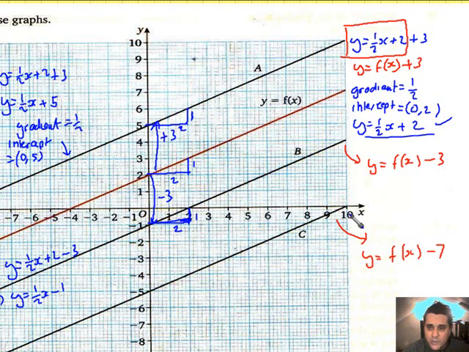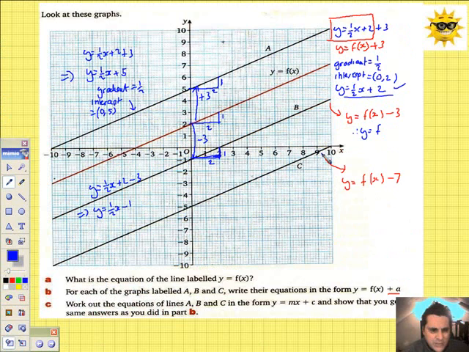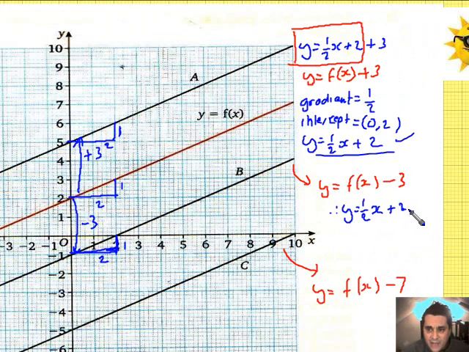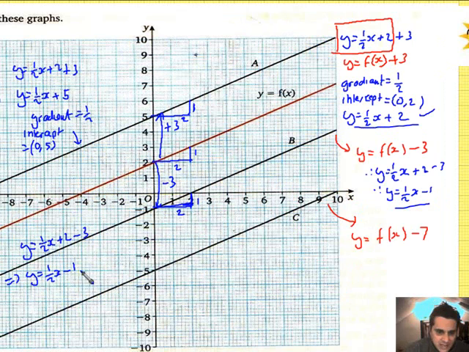So y equals half an x plus 2, that's the original function, and then minus the 3, that's why I get y equals half of an x minus 1. So I've done it there and I've done it here, and it's easy.